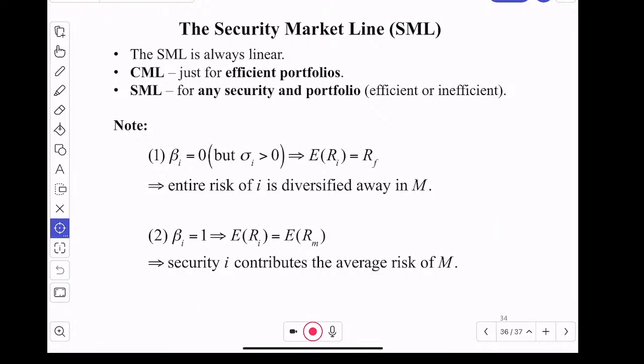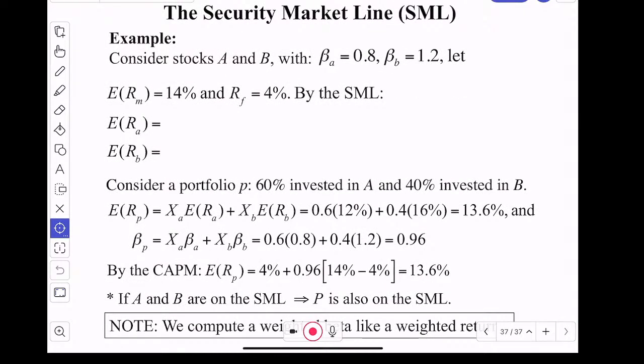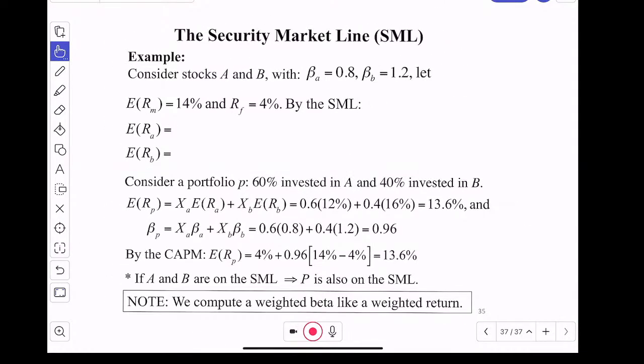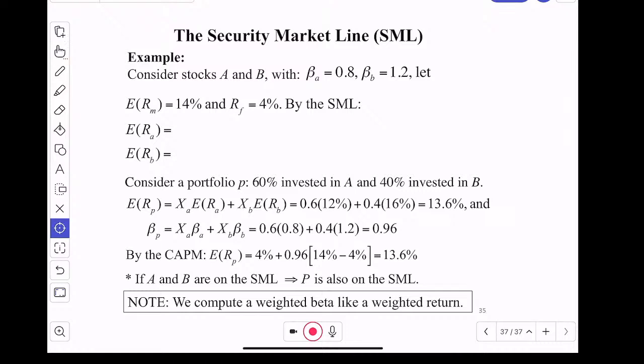All right, so we use this to determine the required rate of return given a level of risk. So say we had 2 stocks, A and B, and we knew their betas.